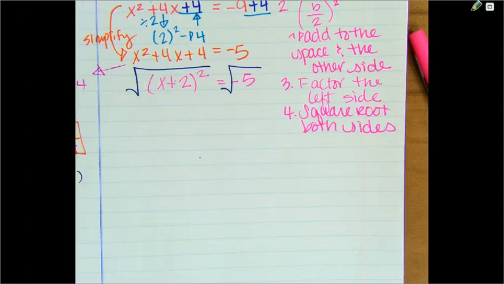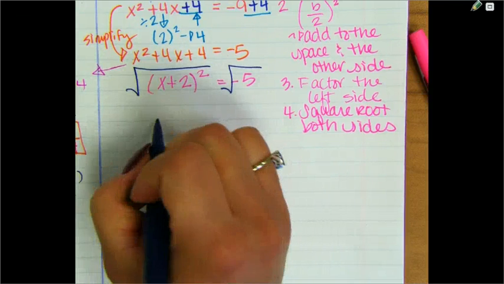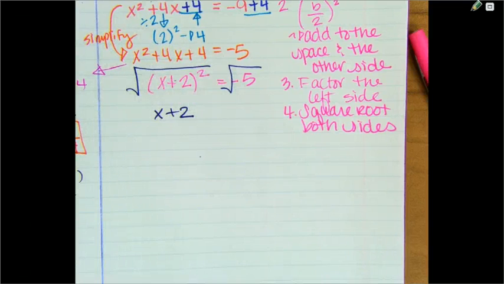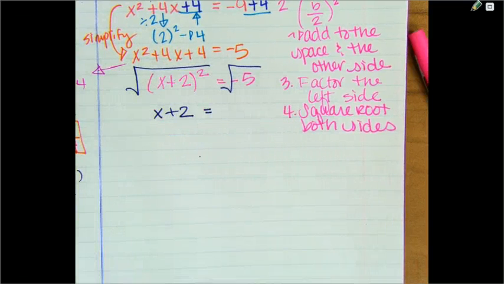If I square root the left-hand side, what do I get? Just x plus 2. If I square root the right-hand side, what do I get? Yeah, but we'll get there in a second. Before that, what do I write?